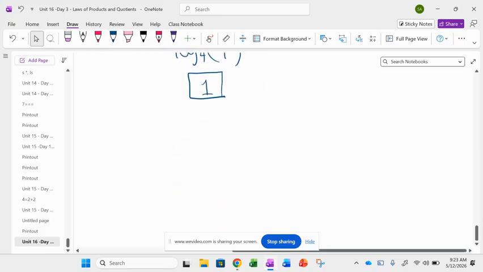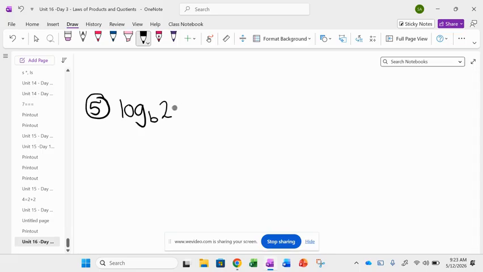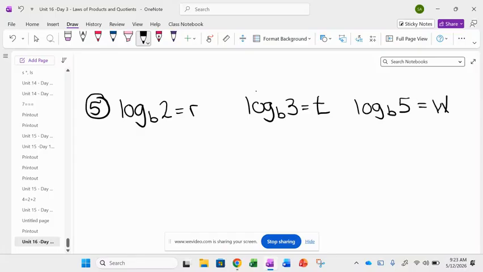All right. Very last thing I need to show you. Let's say, so number 5. Let's say I have log base b of 2 equals r. Log base b of 3 is equal to t. And log base b of 5 is equal to w.